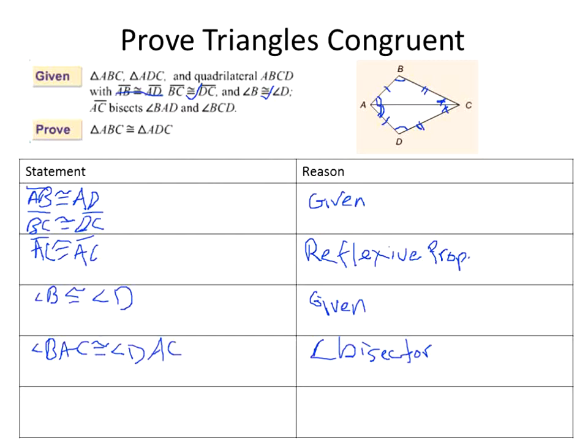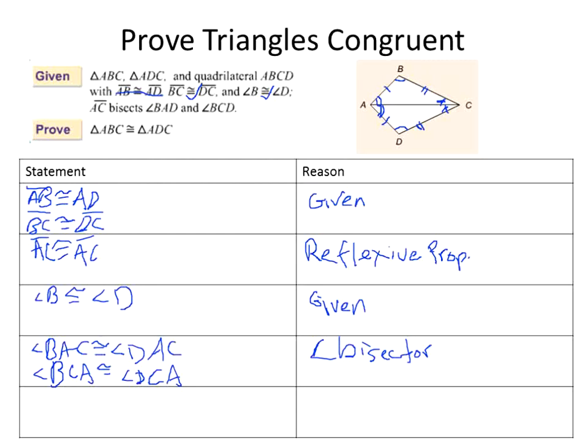We also know that, because it says not only is BAD bisected, but BCD is bisected, so angle BCD is bisected, that we could write angle BCA is congruent to angle DCA. And it's for the same reason, so I'm putting it in the same box. Okay?